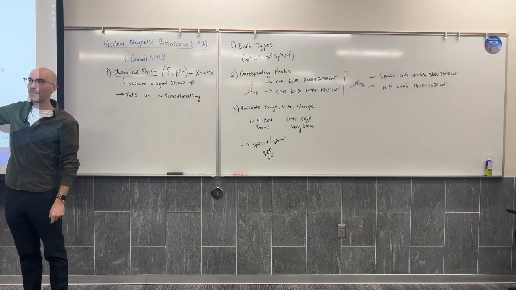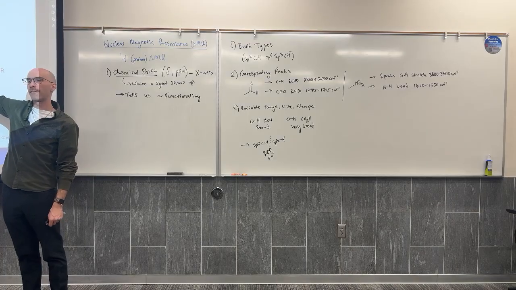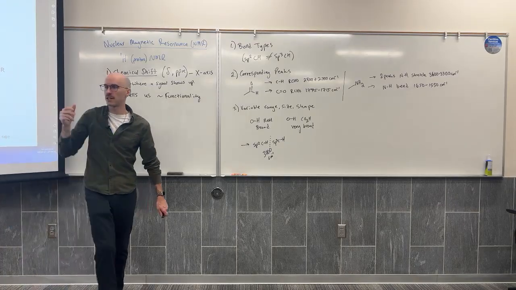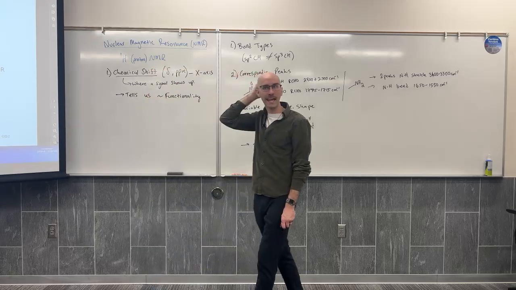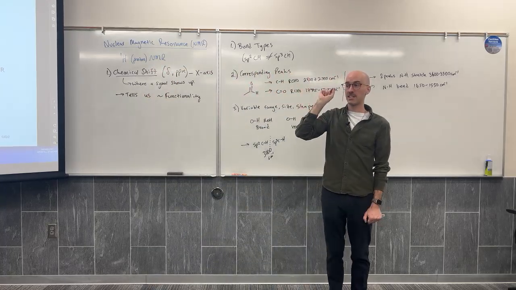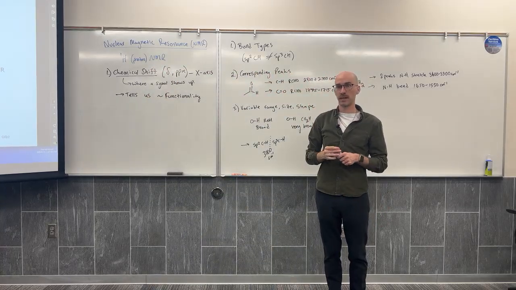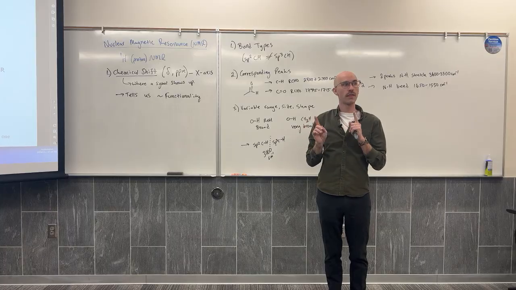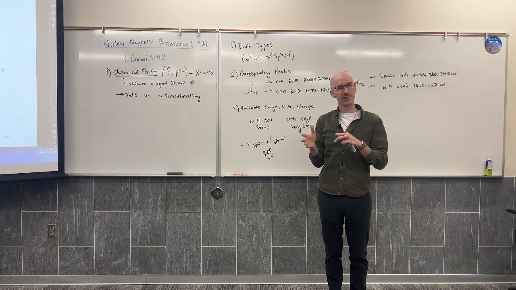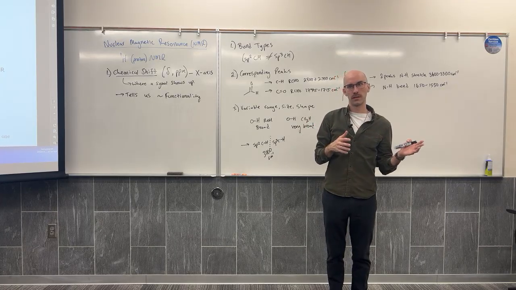Those can all show up in here. And it's really hard to distinguish what shows up where because they all overlap. So I've named this the functional group adjacent range. You can't typically get specific information about a functional group out of this. You just know that the signals are coming from hydrogens next to a functional group.